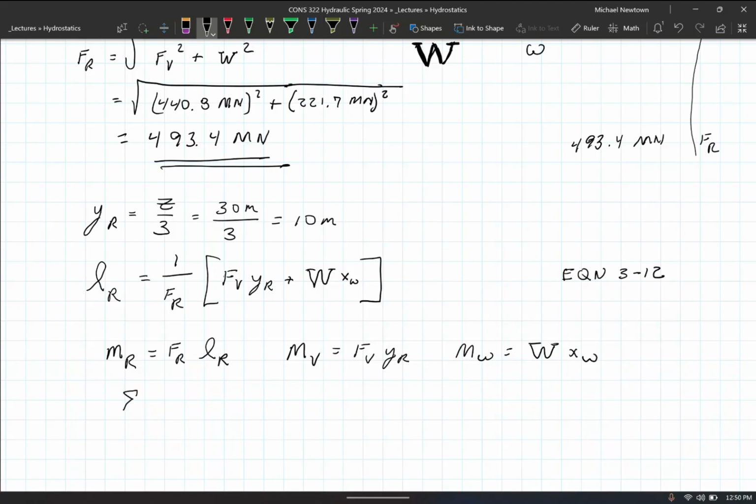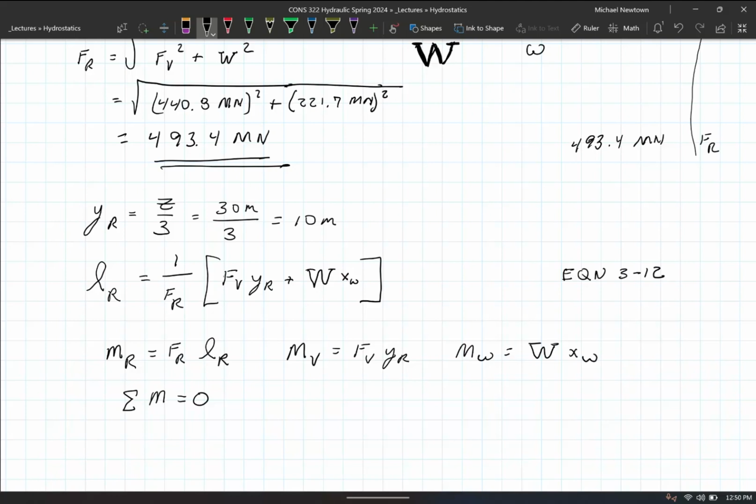I wrote moments and underlined it with an exclamation point. So remember this: sum of moments has to equal 0. So does that mean we're going to have a negative moment on one of these? No, because we're not actually going to calculate the moment.